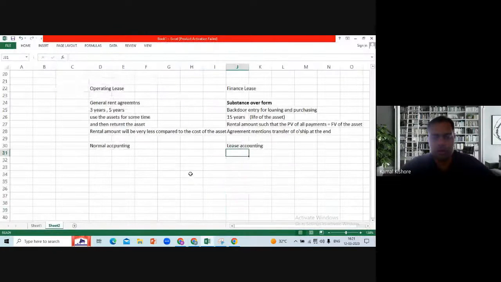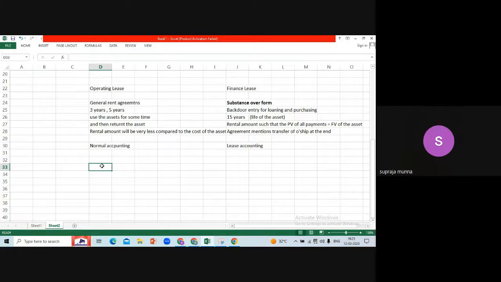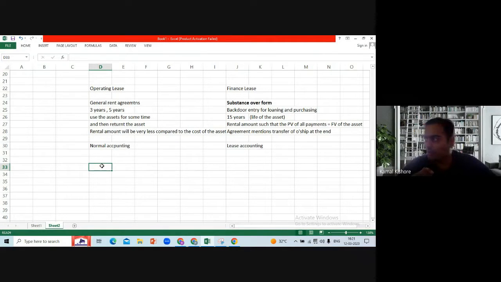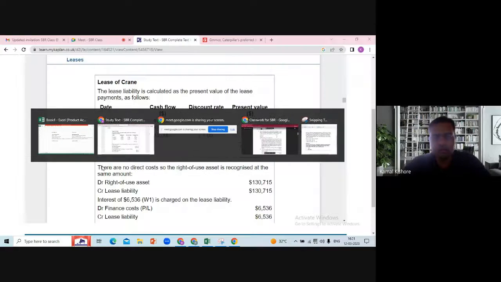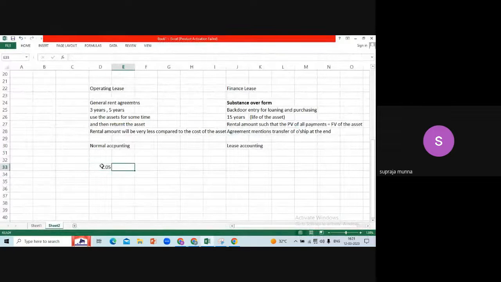Okay, Excel. In your exam, you cannot use these formulas. As far as I know, after they have introduced computer based exams, you cannot use that formula. The easier approach, for example, here we are talking about 1.05.